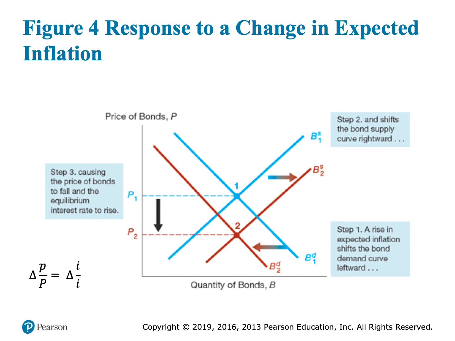So if there was 2% inflation, we would have seen an increase in the nominal interest rate of 2% as well, leaving therefore the real interest rate constant and the real amount of borrowing and lending also constant. So the percentage change in inflation was equal to the percentage change in the interest rate.